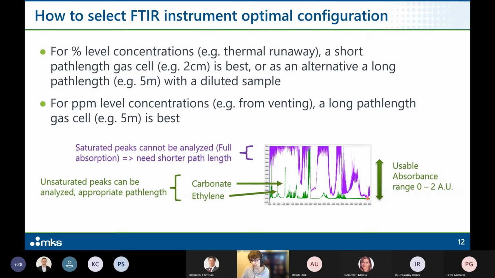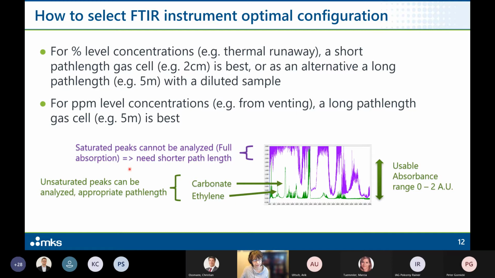If you dilute or use a smaller path length, you get this spectrum here in green, where you can see the carbonate peaks, the ethylene peaks, and you still get to see the CO2, so you have access to all that information.